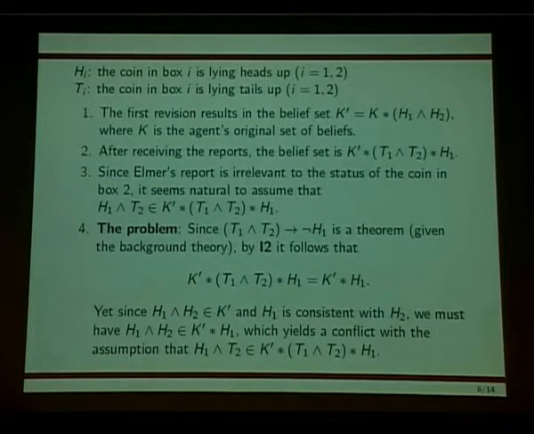Other explanation. Since H1 is in contradiction with the second revision, T1 and T2, by application of the proposed principle I2, it prescribes that instead of first revising by T1 and T2 and then by H1, because of that contradiction, we should go straight away to revising with H1.